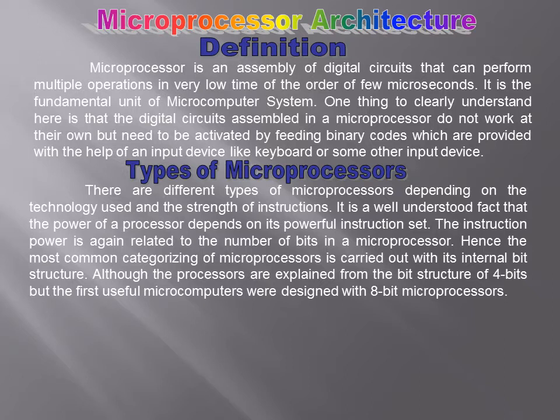Hence, the most common categorizing of microprocessors is carried out with its internal bit structure. Although processors are explained starting from the 4-bit structure, the first useful microcomputer was designed with an 8-bit microprocessor.